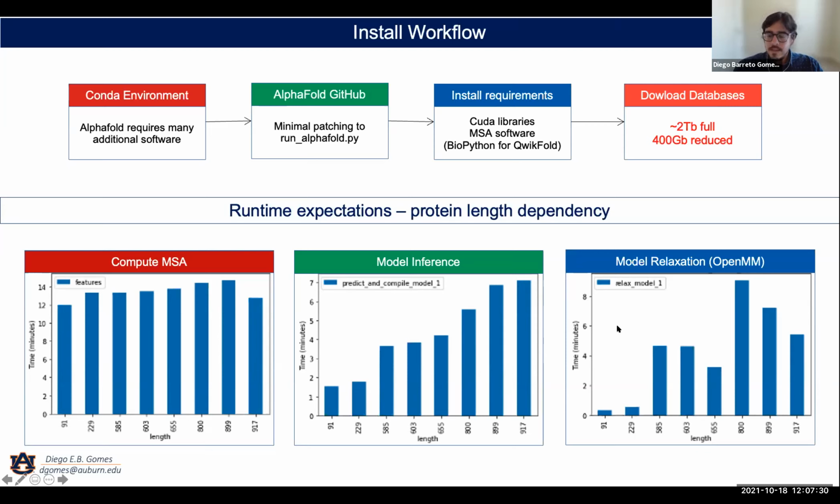And finally, this also depends on the hardware you have, especially the GPU, is the model relaxation. It varies a lot depending on the size. But something interesting is that it's not linear. Some proteins take more time to relax than others that are bigger. So it's really case dependent.